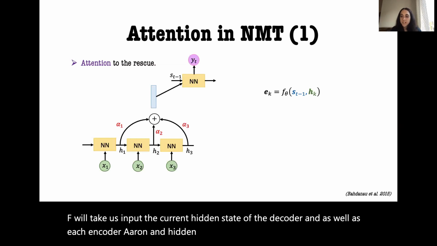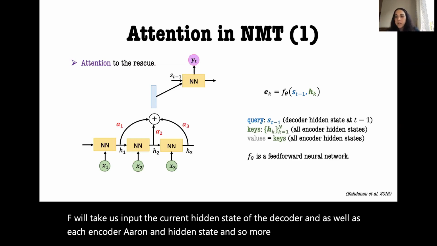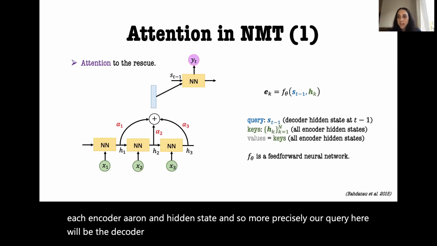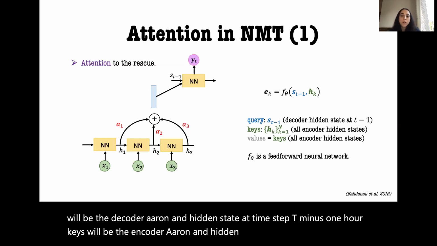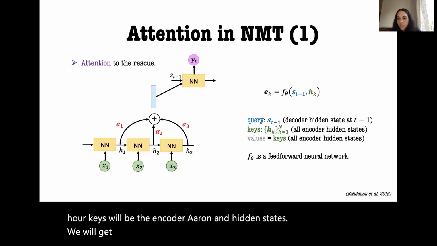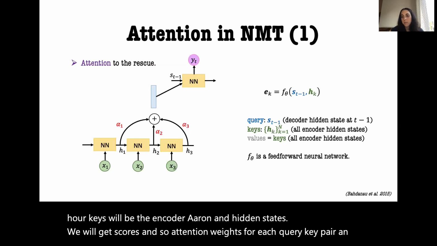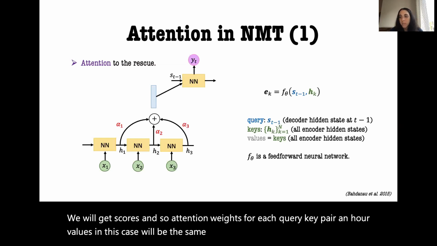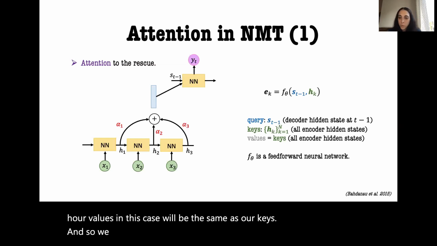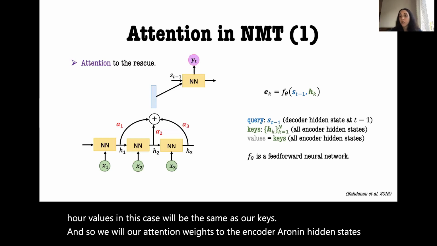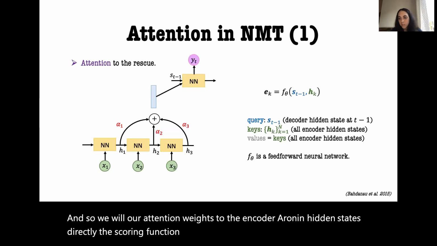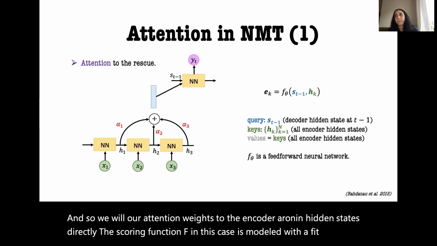More precisely, our query here will be the decoder RNN hidden state at time step t-1. Our keys will be the encoder RNN hidden states. We will get scores and so attention weights for each query key pair, and our values in this case will be the same as our keys. And so we will apply our attention weights to the encoder RNN hidden states directly. The scoring function f, in this case, is modeled with a feed-forward neural network.